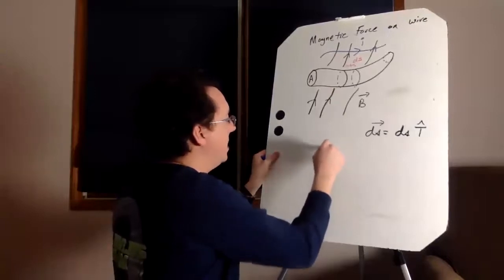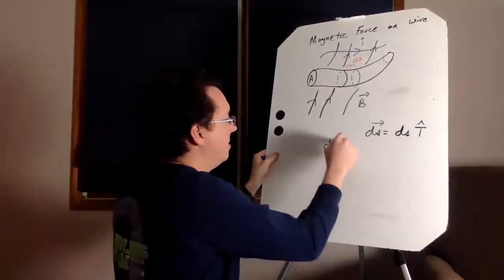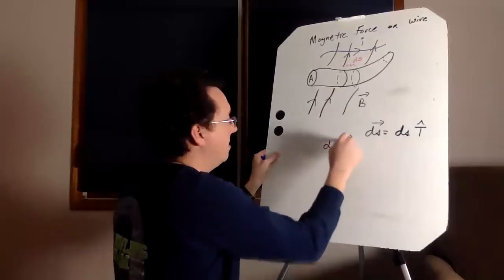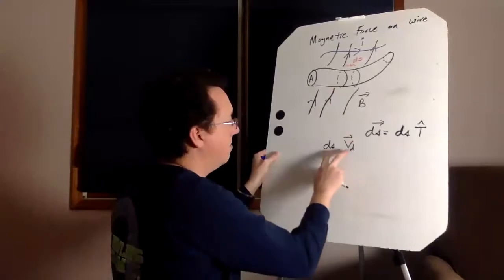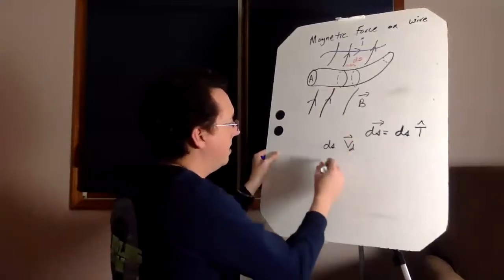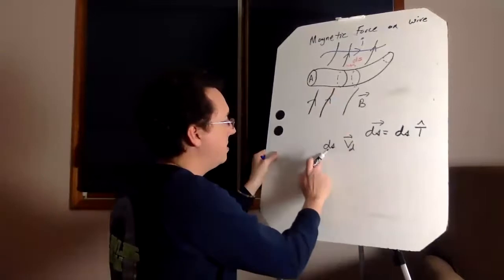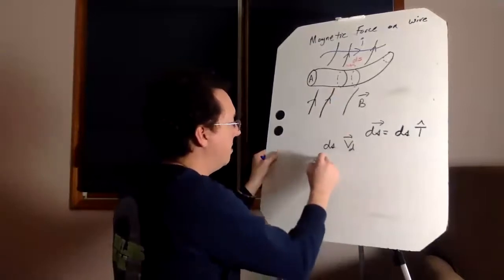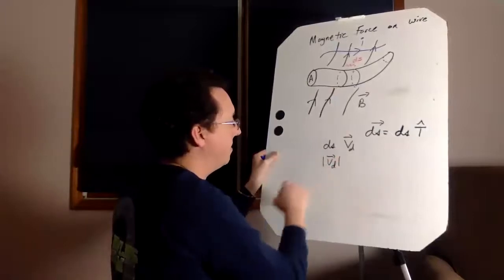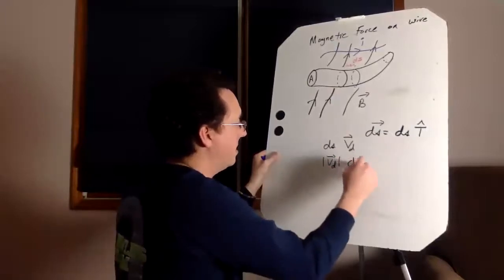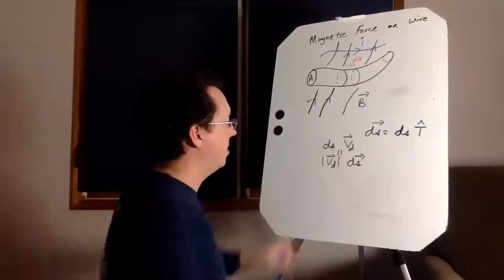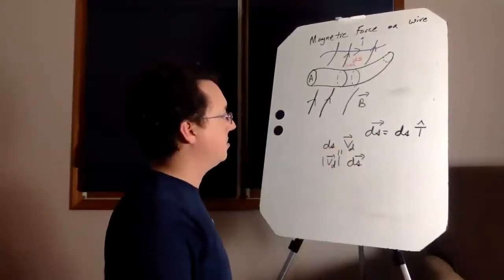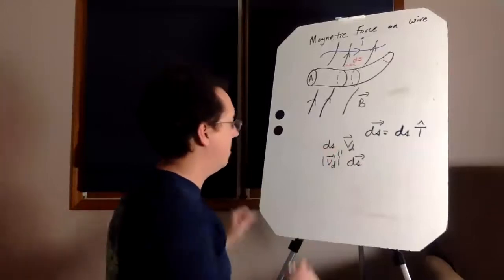We can say that ds times the drift velocity vector, because they are parallel, you can swap which one is a magnitude and which one is a vector, and write that as vd, the magnitude of the drift velocity, times the ds vector, because both are parallel to the wire.